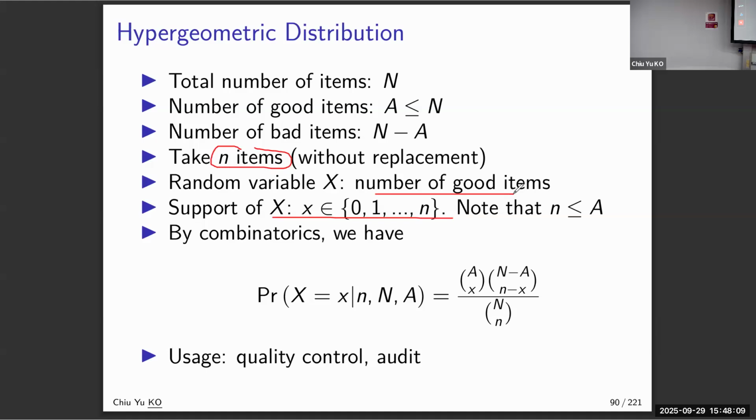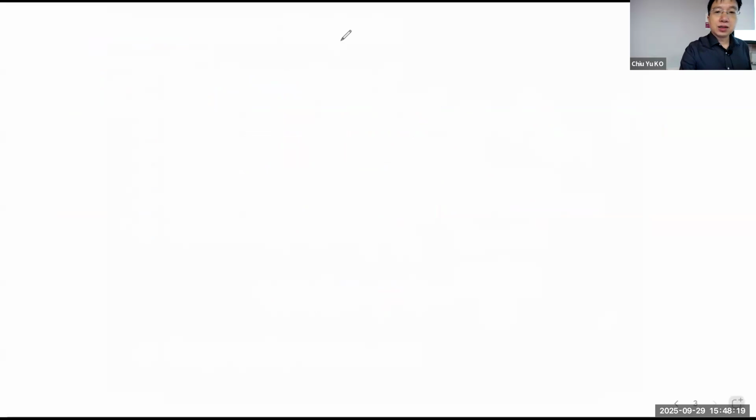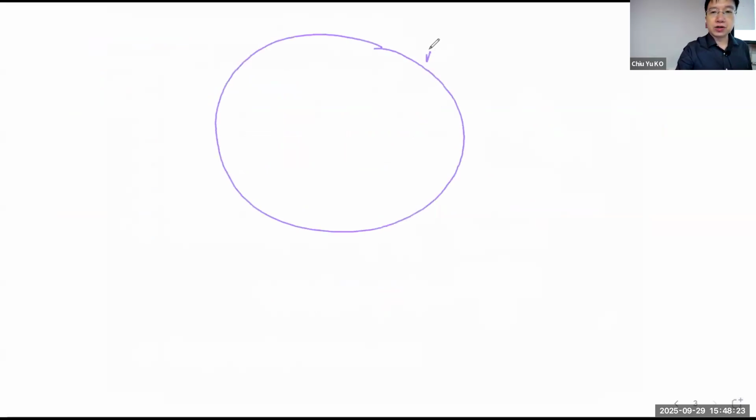Let me draw a graph because that will help you. Since it seems to be the first time you learn it, it's very confusing. If I were you, I'd be confused as well. So this is the way we're looking at it. You have n objects here.